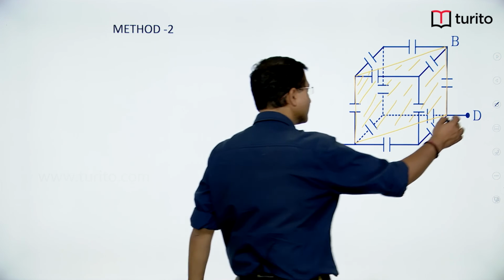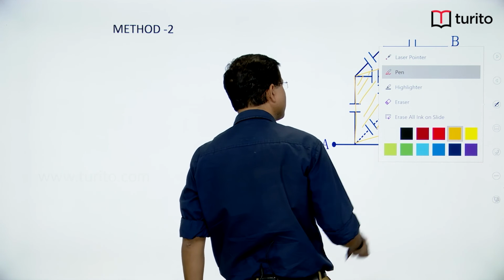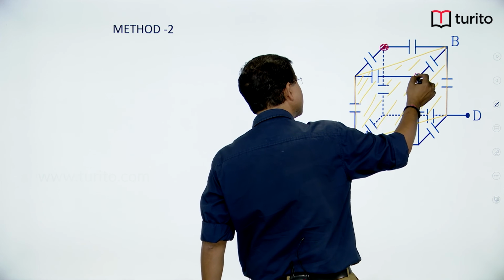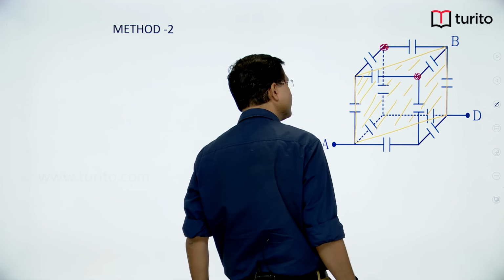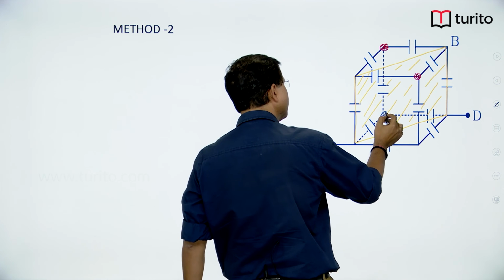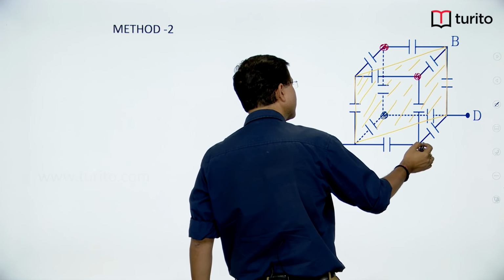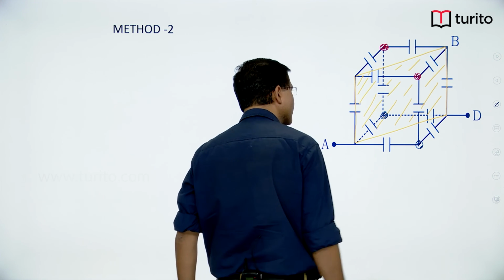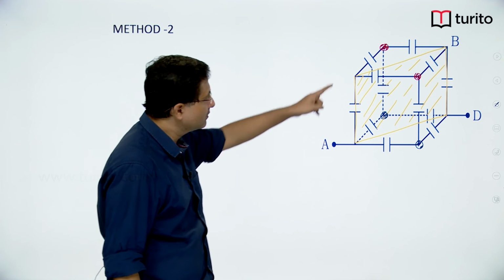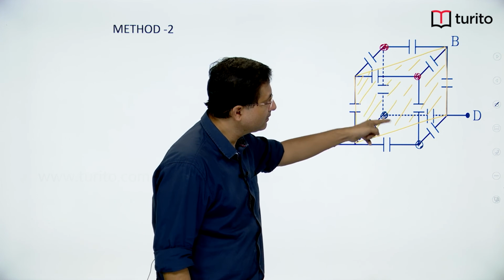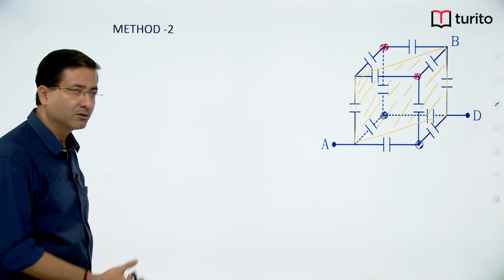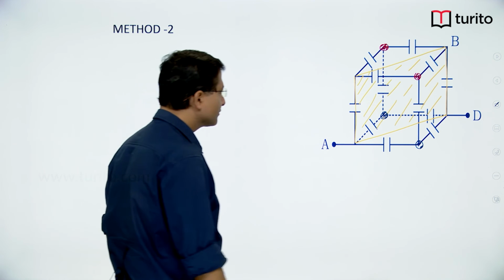That means the potential here and the potential here will be the same. Similarly, the potential here and the potential here have to be the same. So, these two red marks will have the same potential, and these two blue marks will have the same potential. Now we need to simplify the circuit.